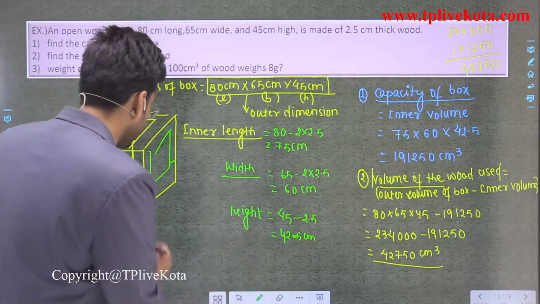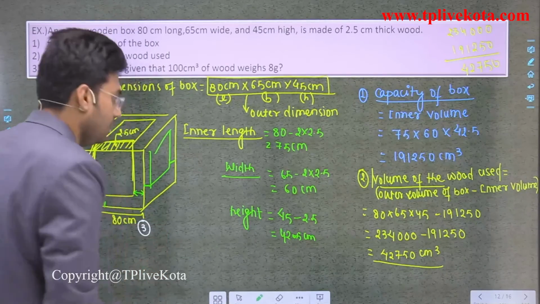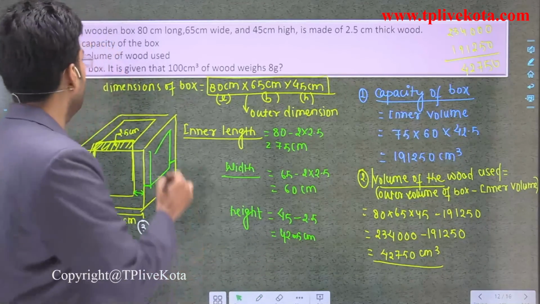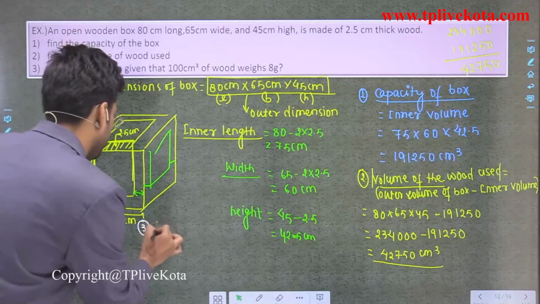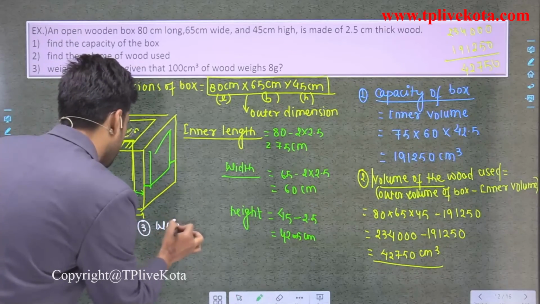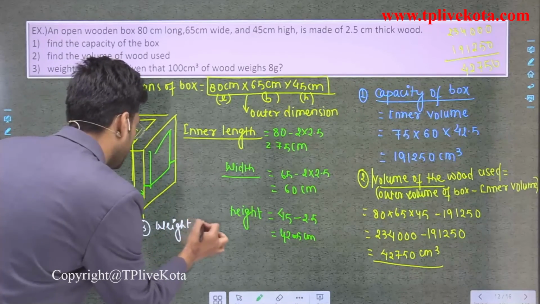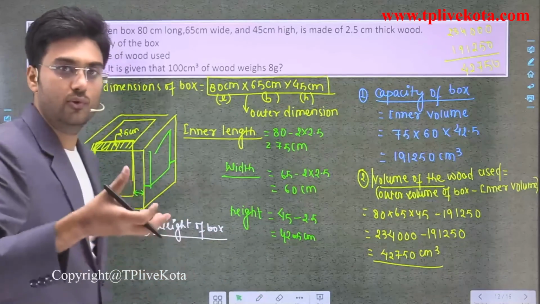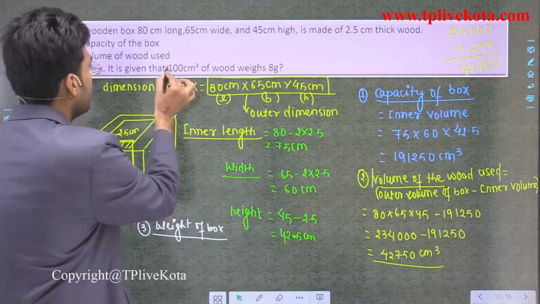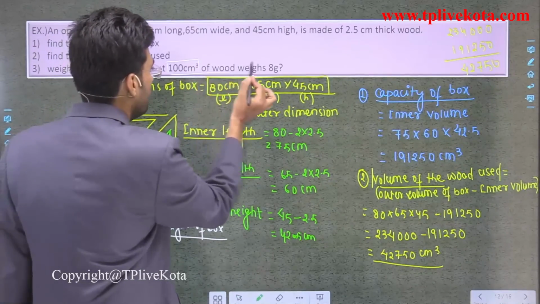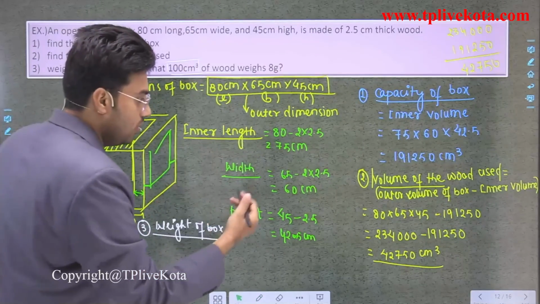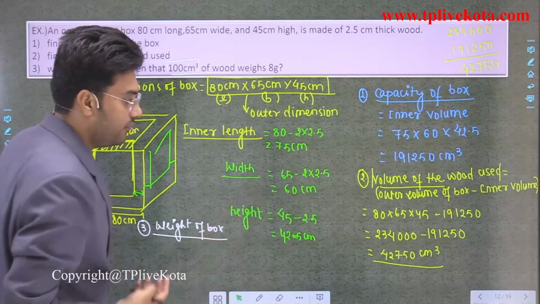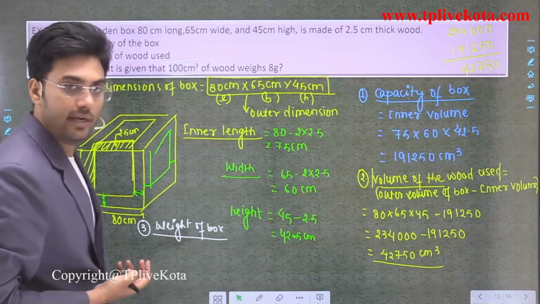Now in the third part, we have to find the weight of the box. And students, the weight of the box depends on the wood used. It is given that 100 centimeter cube of wood weighs 8 gram. So total wood here we have 42750 centimeter cube.